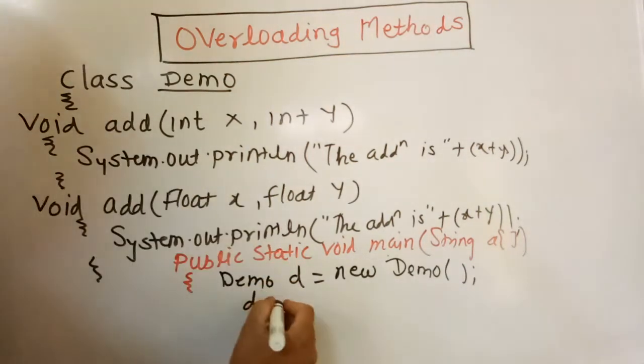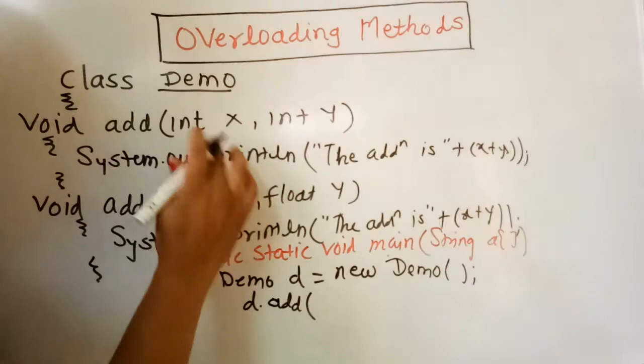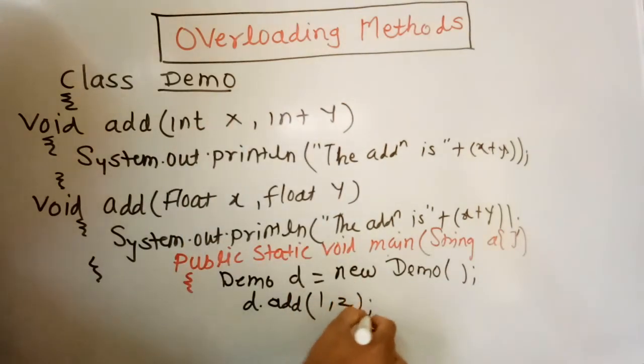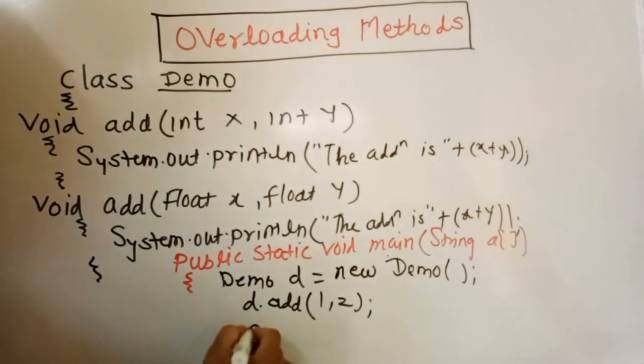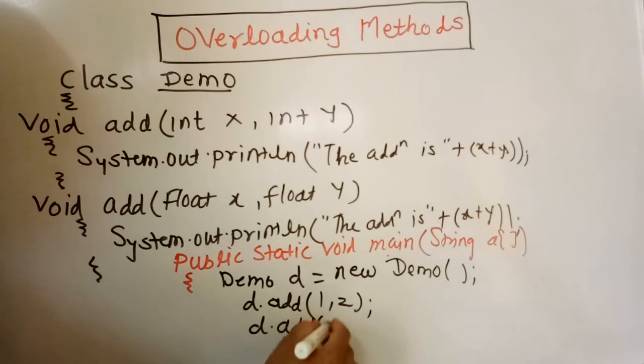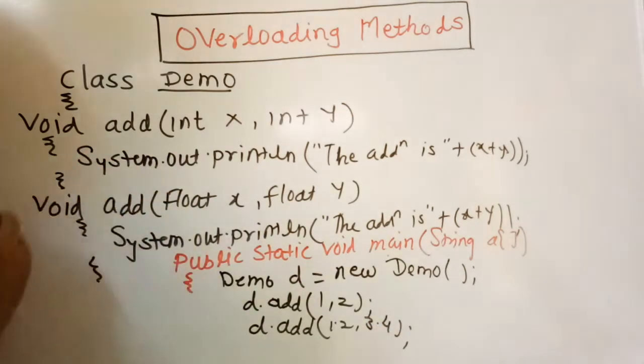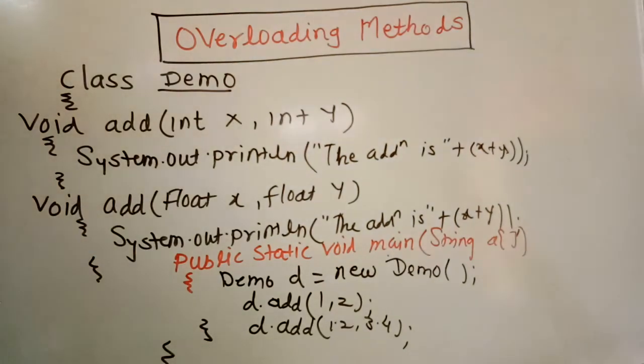For example, I will call add and pass two integers, then it will call the first method. Suppose I call d.add 1.2, 3.4, then it will directly call the second method. Following such a method, you can create many methods in a single class or program.